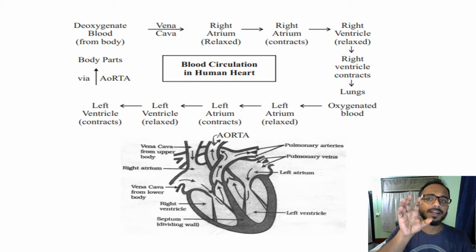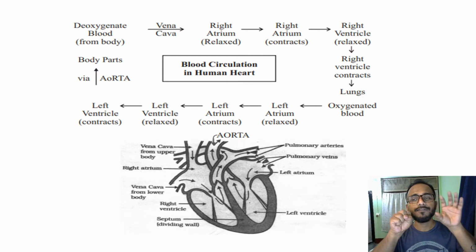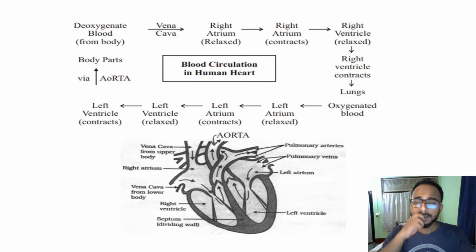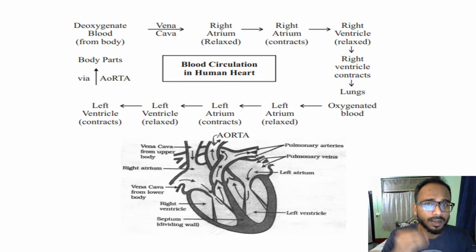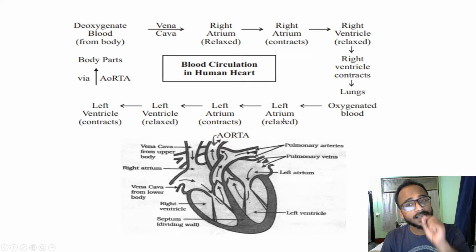When the right atrium is contracted, the right ventricle is relaxed. When the right ventricle contracts, the lungs work, okay? So oxygenated blood from the lungs comes to the left atrium, and the left atrium is relaxed at this point.